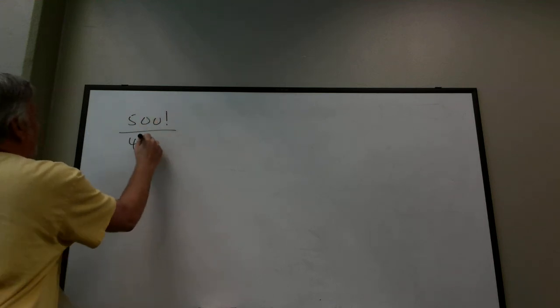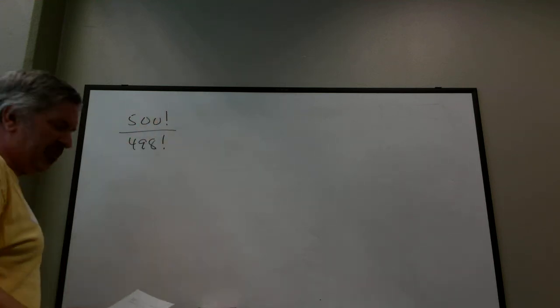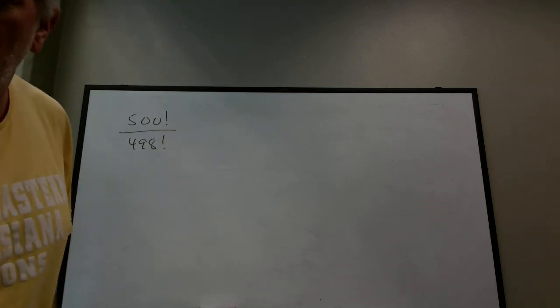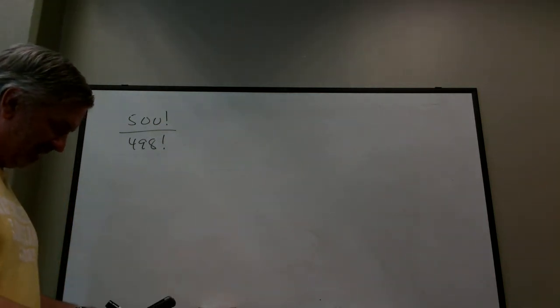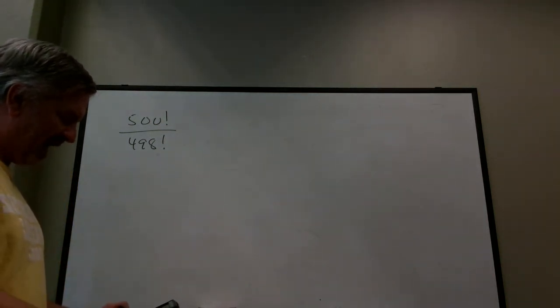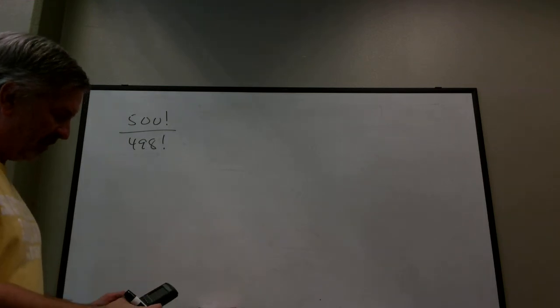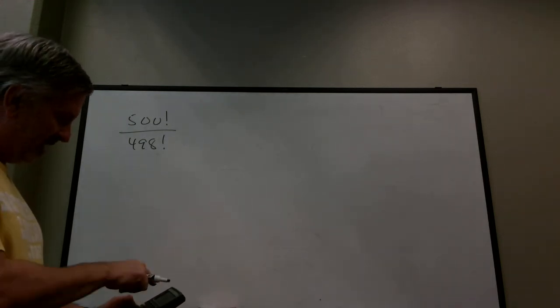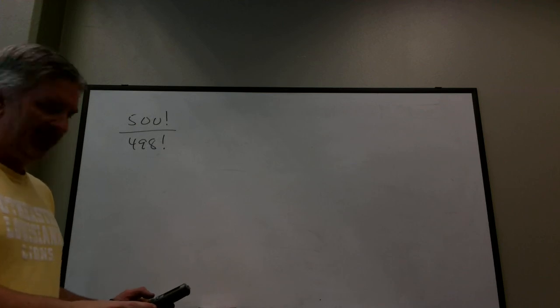Factorials are strange creatures. Okay, so the example says simplify 500 factorial over 498 factorial. Now most calculators have a factorial button on them. I have a TI 83 Plus. If you hit the math screen and move all the way over to PRB for probability, it's my number 4. So you probably have a factorial button.